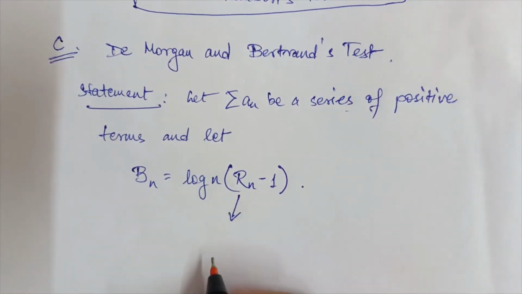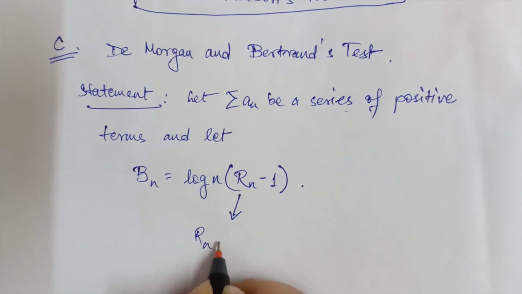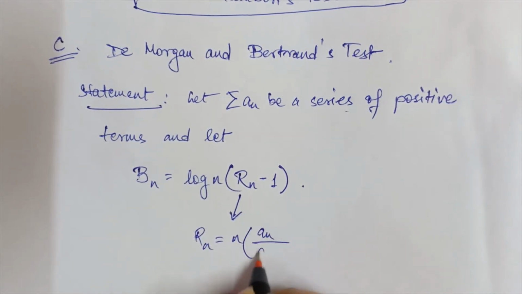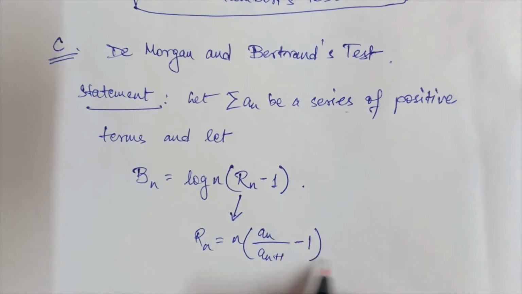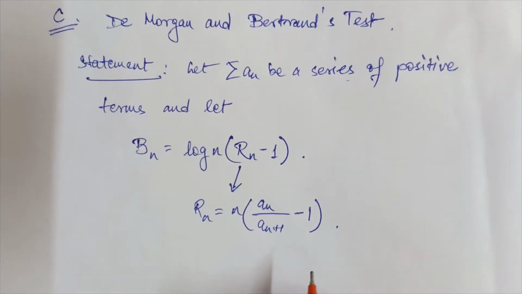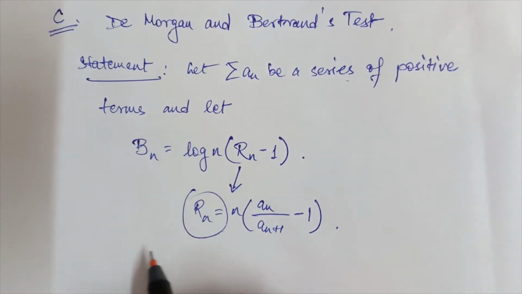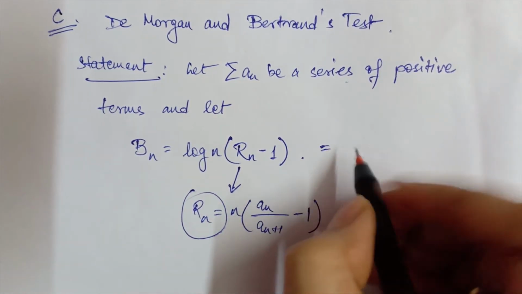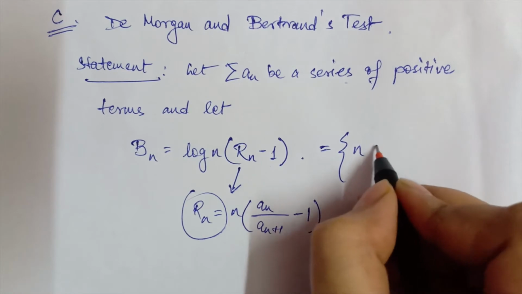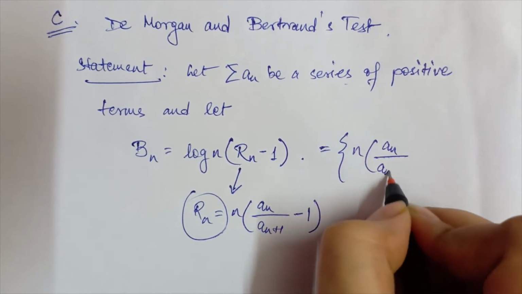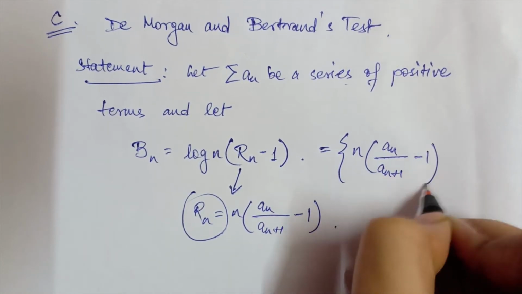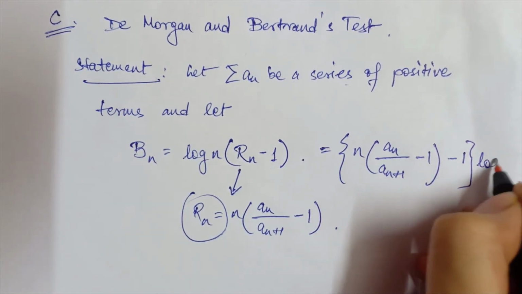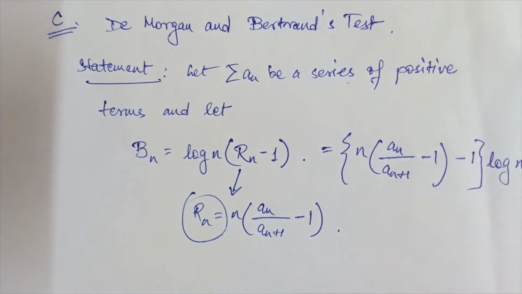Now Rn equals n into (an by an plus 1, minus 1), which we took in Raabe's test. Now this equals n(an by an plus 1 minus 1) minus 1, within brackets, then log n.